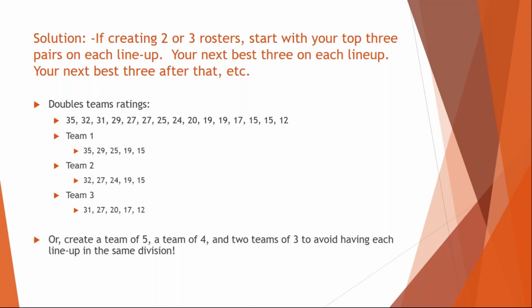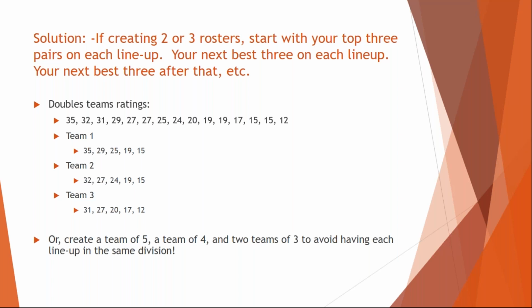I do want to note this: depending on the size of your school, there's no rule that says each roster has to be filled to the maximum of 5. It just says that there's a minimum of 3 to make an eligible team. So having 3 teams of 5 or 2 teams of 5 sometimes will create a situation where your lineups are in the same division.